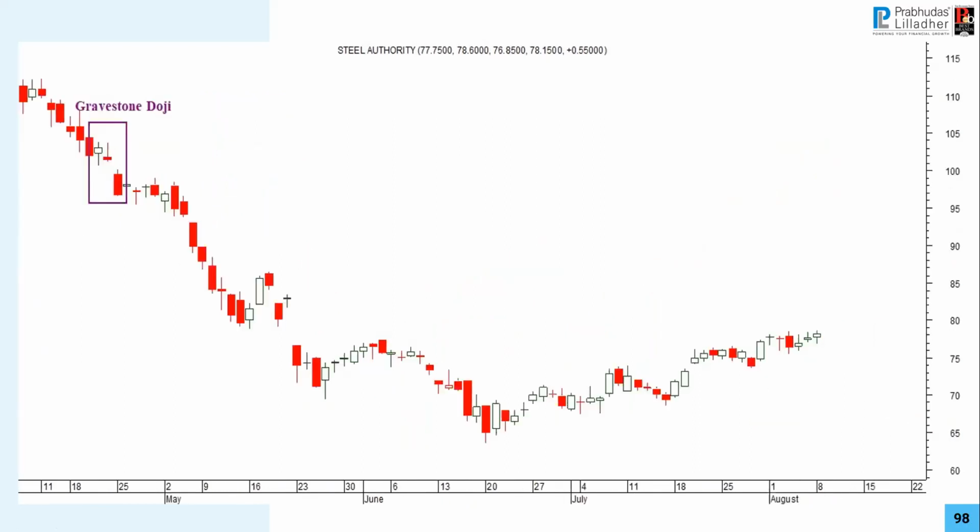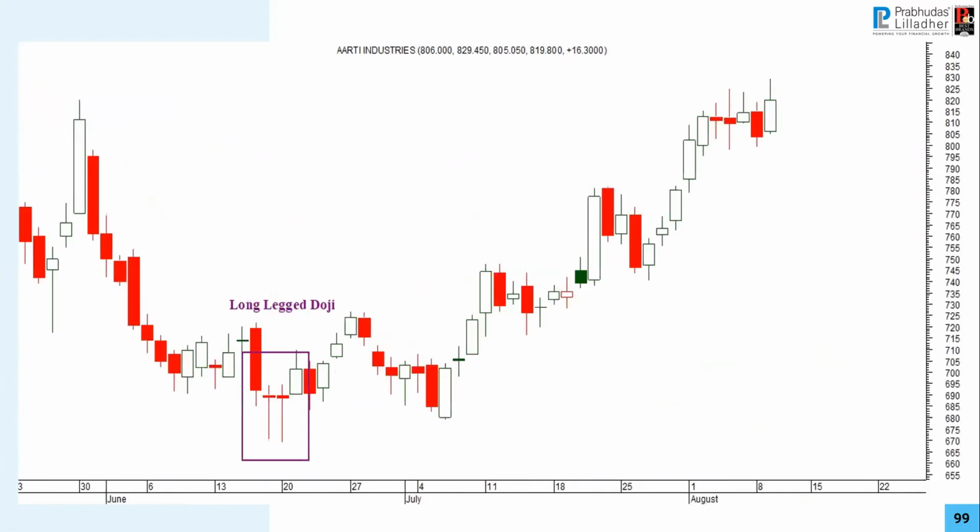Similarly, over here, we see a gravestone doji. And again, we see that the supporting view of a downward journey continues because it opened with a gap down. The subsequent candle we witness is with a gap down opening and the slide continues. So as always, the stop loss will be the high of the previous two candles.